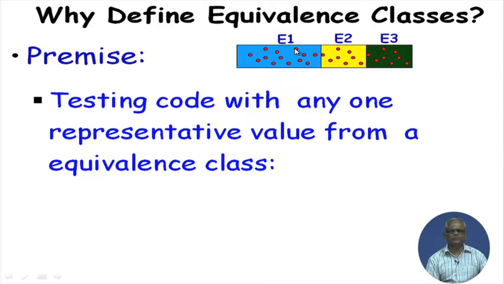Therefore, if it is a success for one, it will also be a success for all others. If it is a failure for this one, there will be failure for all others. So, the main assumption here is that any one element here will be exercising the same set of program elements as any other data here.